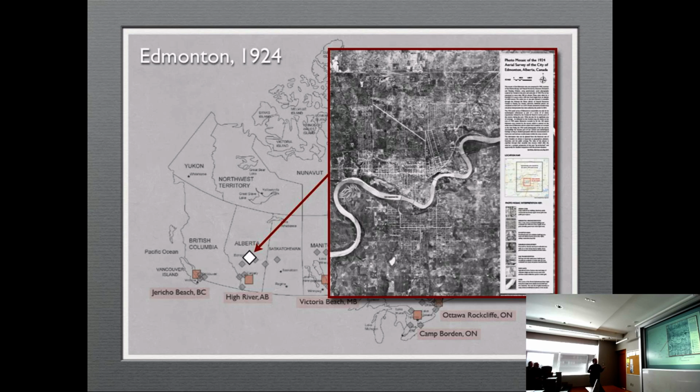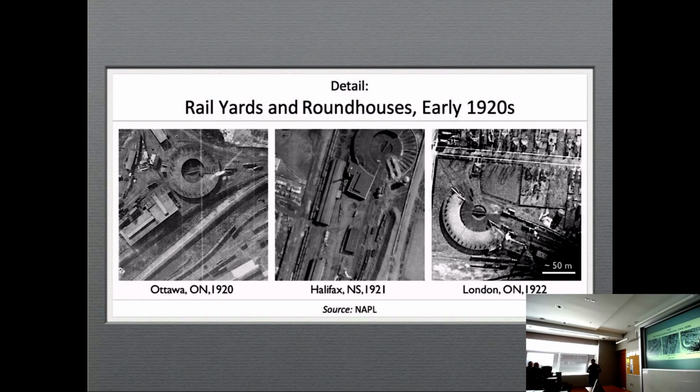And to give you an idea of the detail that this photography had, I pulled out what I found quite iconic pieces, these rail yards with the roundhouses. They pop out. And so I took them to show you the Ottawa photography, the Halifax photography, and the London photography of those rail yards.